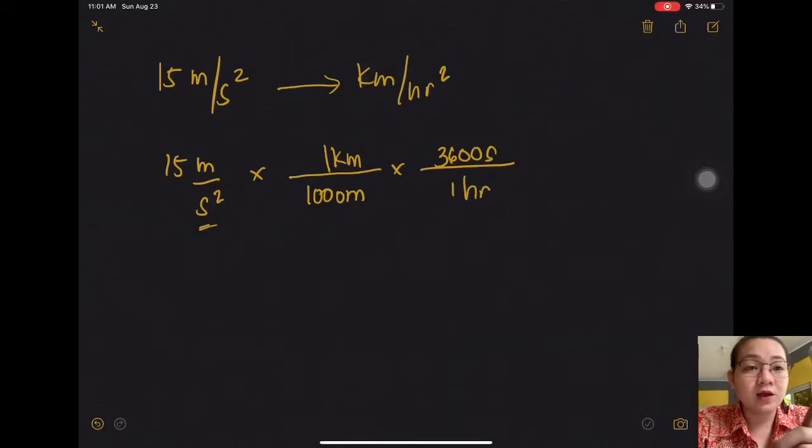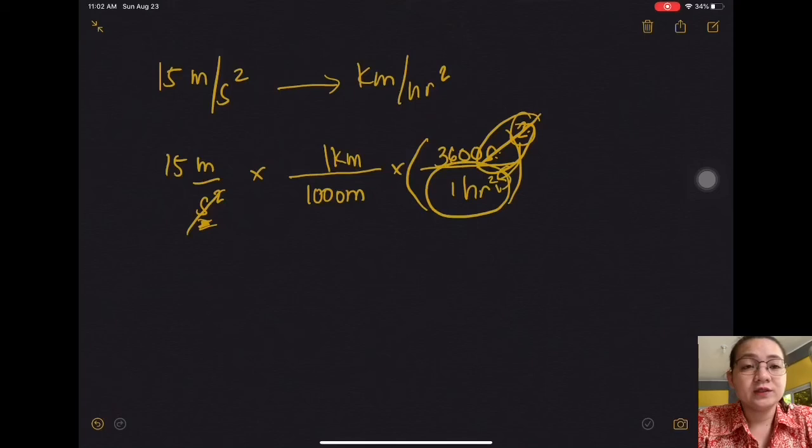But this is 1 unit of seconds only. So, what are you going to do? To cancel out the unit, you need to square the whole quantity. So, we have now 2 units of seconds at the same time. On the other hand, hour is also squared. So, you can now cancel and the remaining unit is hour squared. Okay? It's that simple.